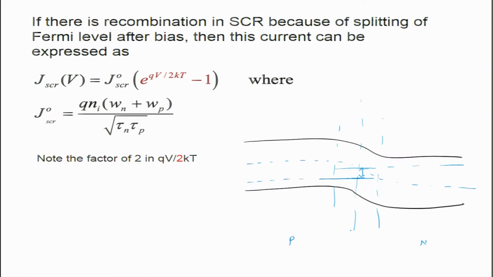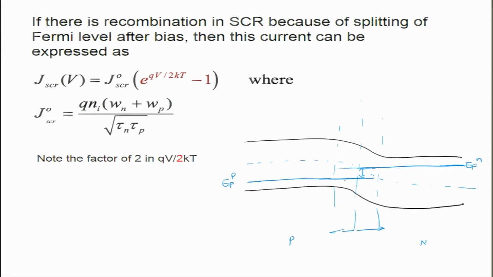So, within this also you have a change, since the Fermi levels are now split. So, you have a Fermi level for holes, this is EFP, and this is EFN. Because of this split of Fermi level within the space charge region, remember this is also p type, right, although it is a depletion region, it is a p type semiconductor, and this is an n type semiconductor.